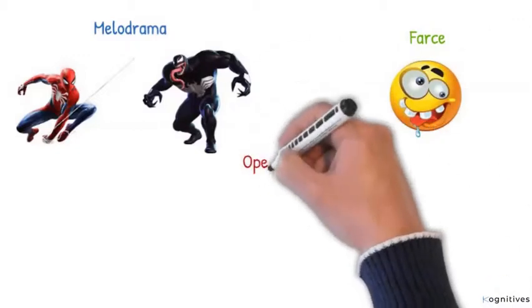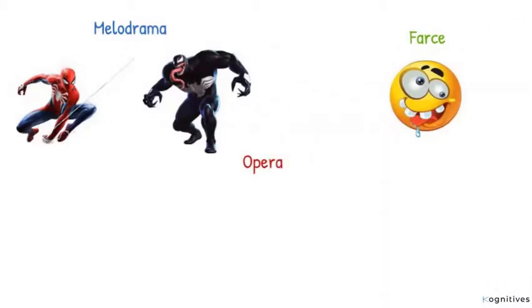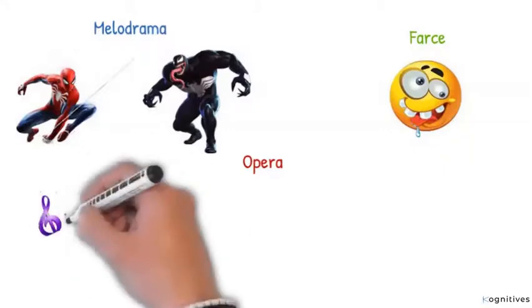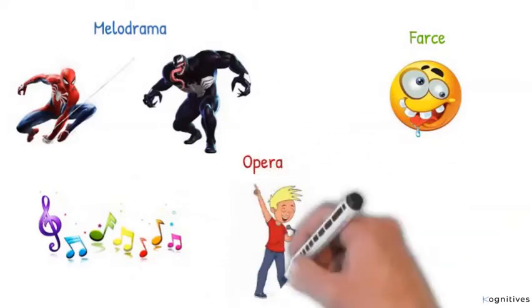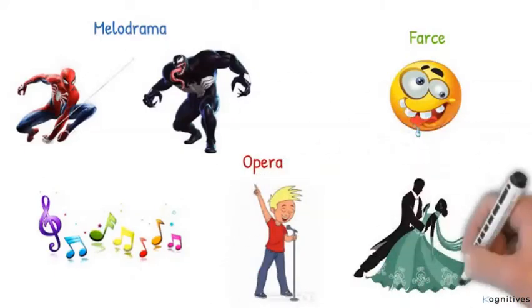I also talked about farce. A farce is a play that is full of silly characters. And opera. Opera is a theatrical work combining drama, music, song, and sometimes dance.